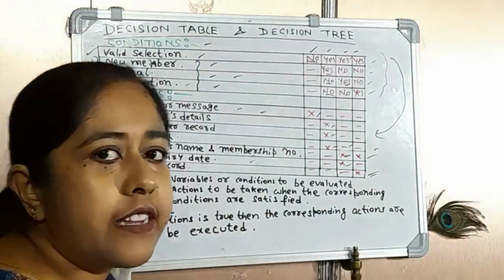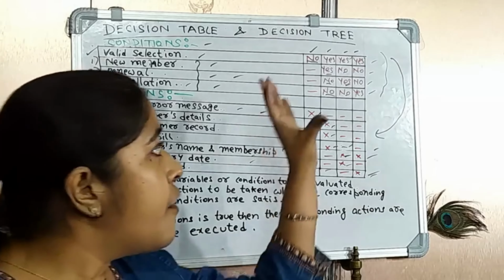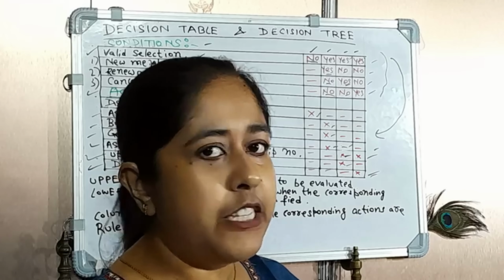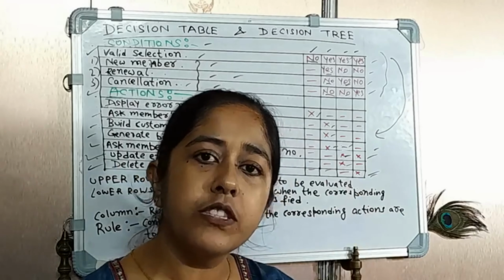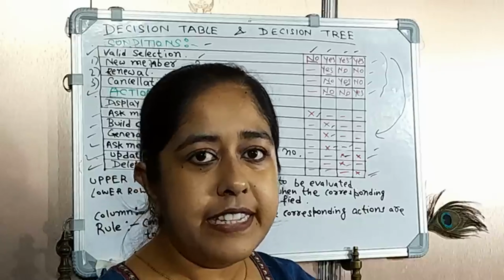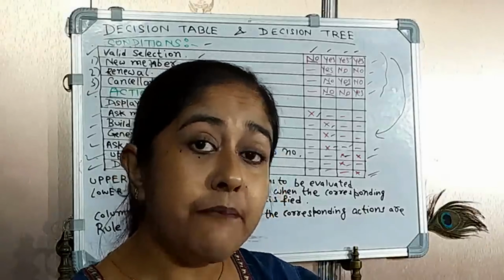Whatever system you take, suppose a hospital management system, a railway management system, a banking system, or any patient information system, first of all you have to choose from your particular management system the conditions that are going to be seen in this software.